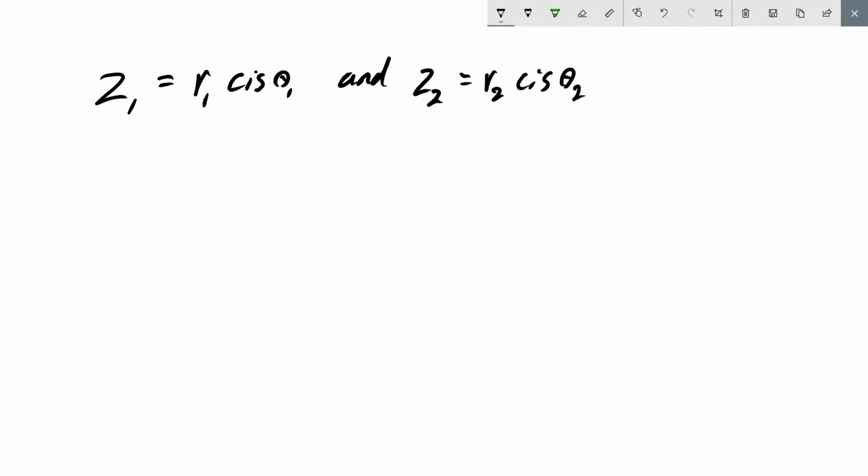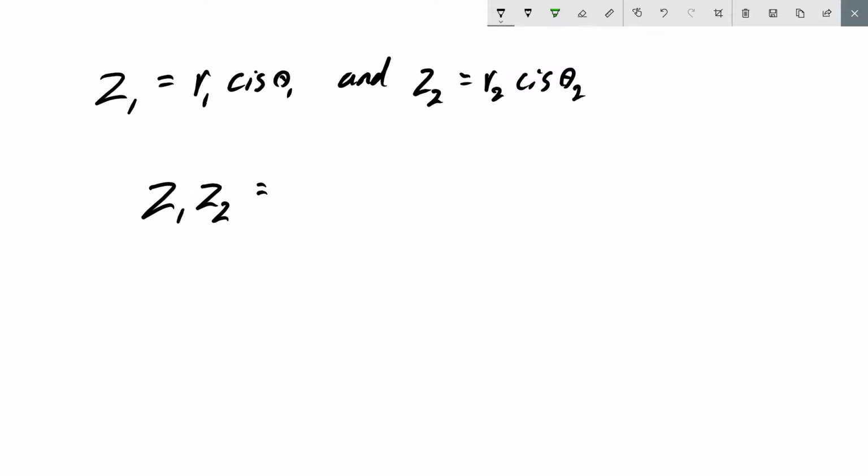So now let's look at multiplication in cis form. So I have two z values. Z1 is equal to radius 1 cis theta 1, and Z2 equals radius 2 cis theta 2. And I now want to calculate Z1 times Z2.